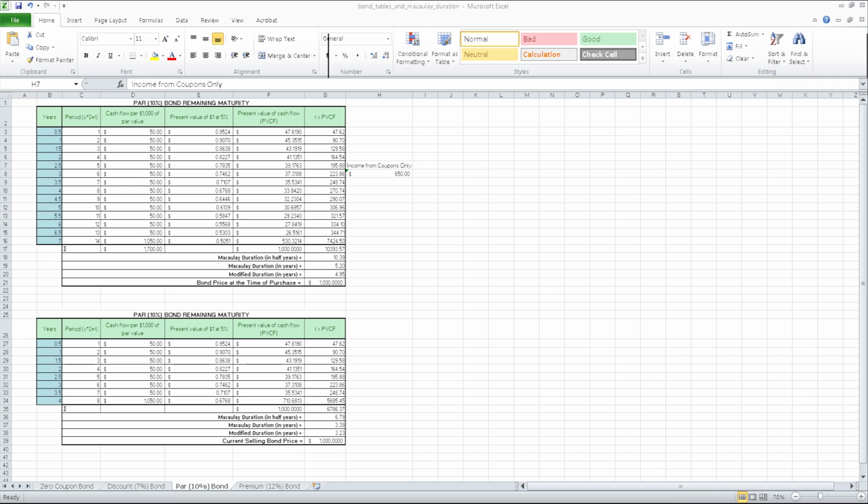And we go all the way down here to where we add all of these and we find the present value of the money you originally invested. So you would have to invest $851.52 at t equals 0 to receive the coupons and the principal at the end of the period.